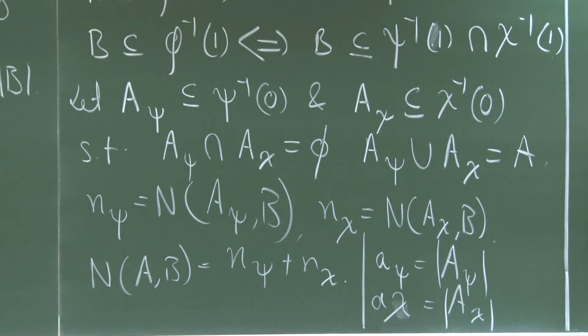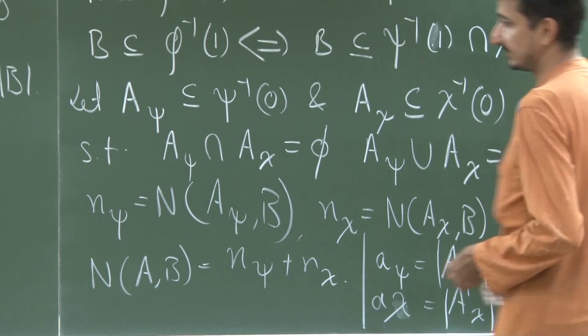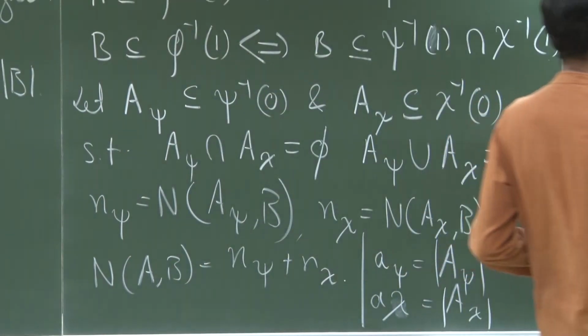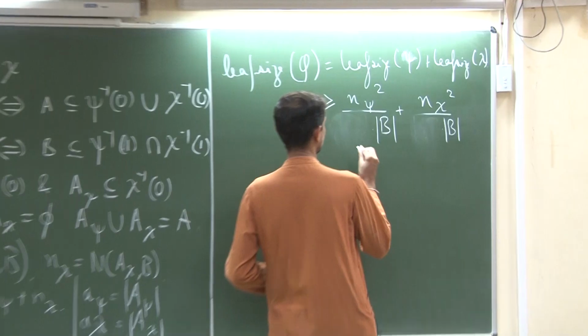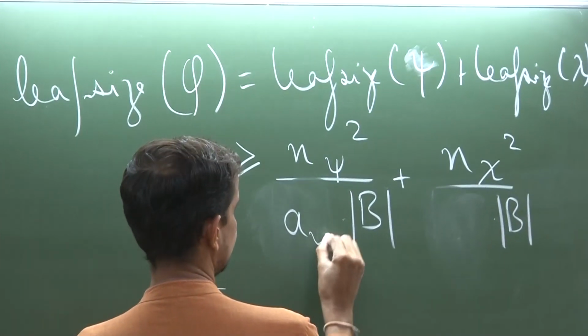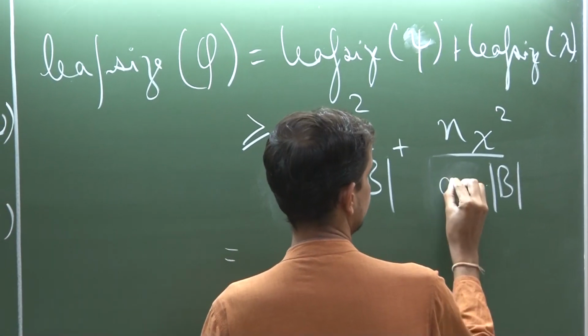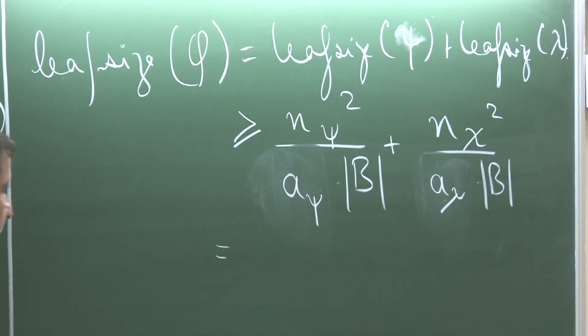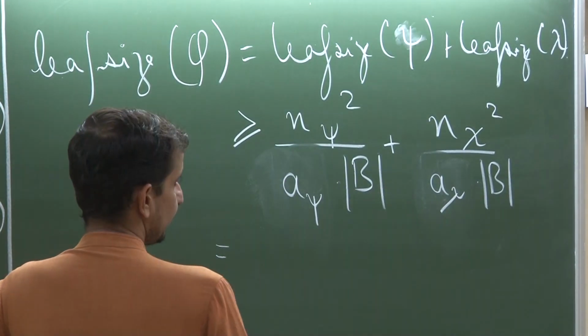Okay. So, therefore, I can write this as small a_psi times small a_chi.